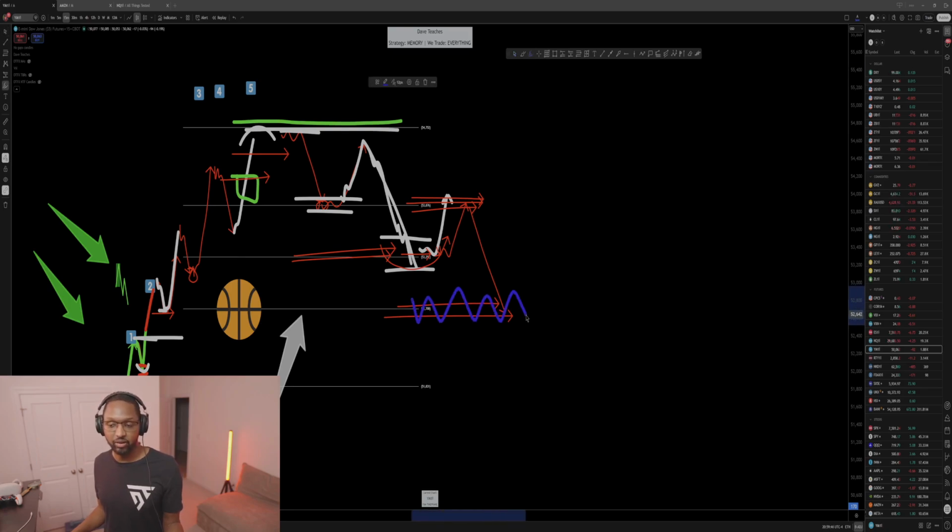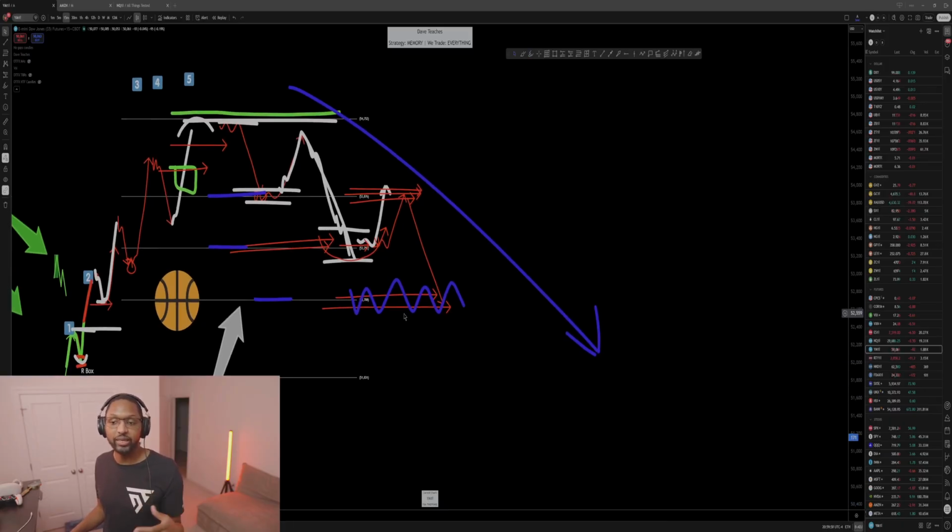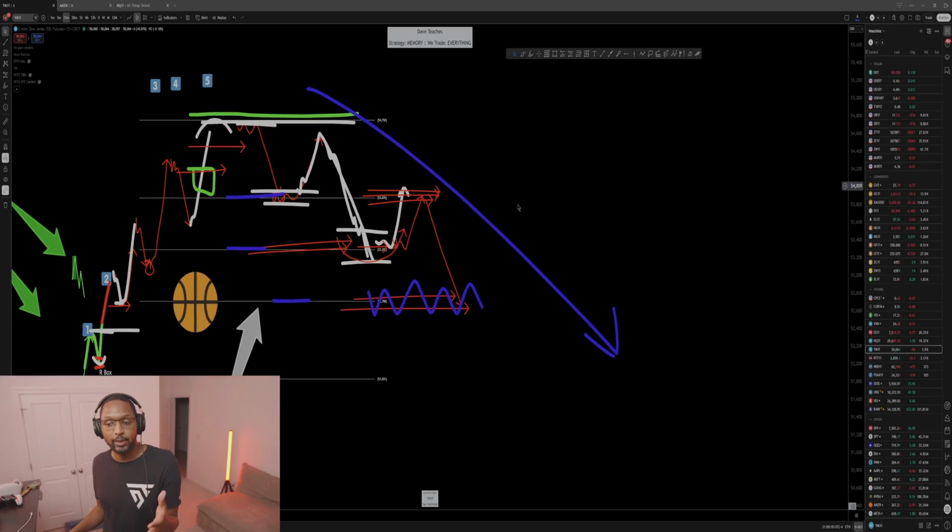Each level is going to provide an entry for you, whether it is failing and continuing to the downside, or whether it is holding and continuing to the upside. They still give you an entry coming off of it, even though that entry fails. Even though that entry fails, it still gives you something trading off of it.